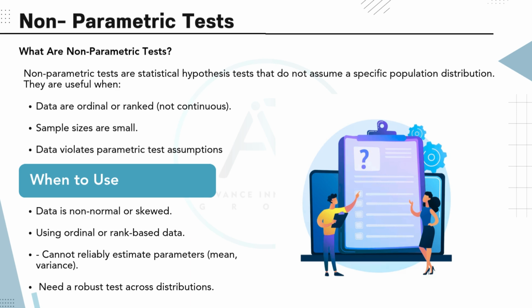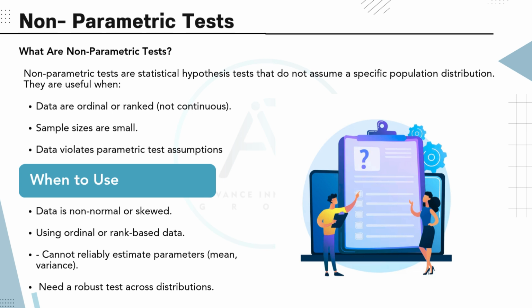They are particularly useful in the following situations: when the data is ordinal, ranked, like satisfaction levels: poor, fair, good, excellent. When sample sizes are small, making normality assumptions unreliable. When data violates the assumptions required for parametric tests, such as unequal variances or non-normality.